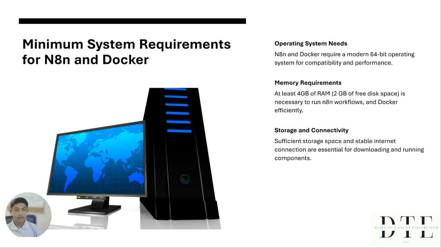Memory requirement: at least 4 gigs of RAM and 2 gigs of free disk space to run n8n, and most importantly, a stable internet connection. That's really important because without a stable internet connection, Docker can't pull the n8n image, and later your workflows might go down if they rely on APIs, which is the last thing you want if customers are using your automations.